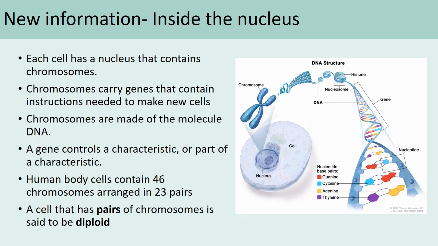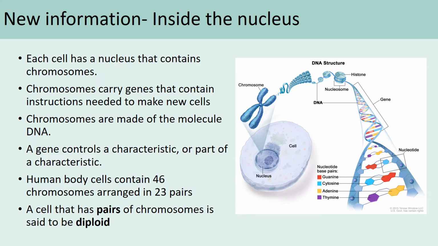So each cell has a nucleus that contains chromosomes. Chromosomes carry genes that contain instructions needed to make new cells. On each of those chromosomes, there's loads and loads of genes, and those genes are what make you. Chromosomes are made up of a molecule, a chemical called DNA.